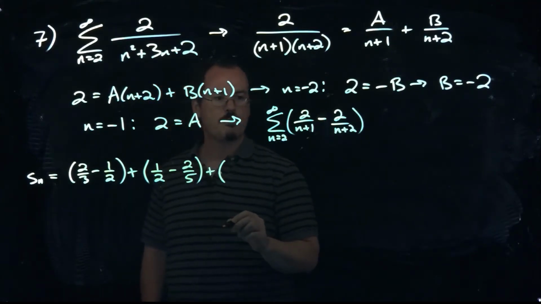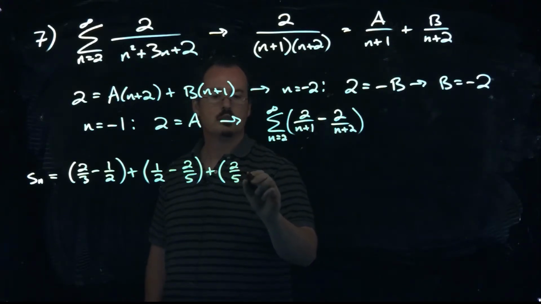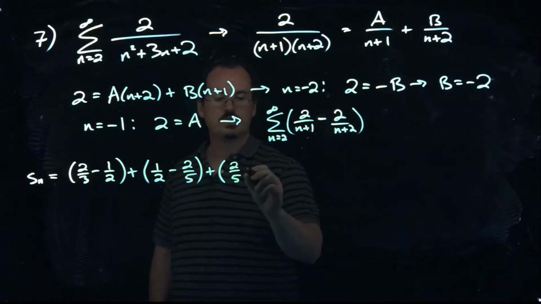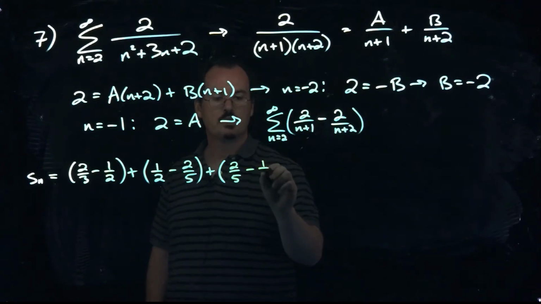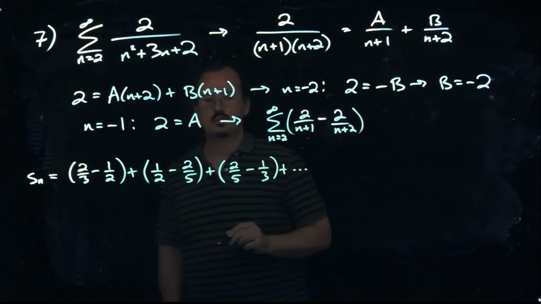Next term, 4, I get 2/5 minus 2/6, so that's 1/3. That's probably enough to see what's going to start to cancel.